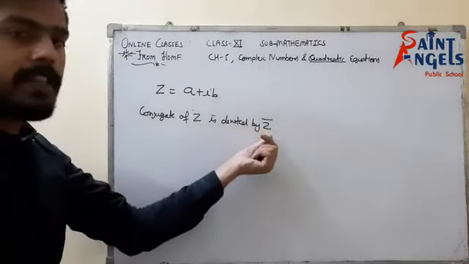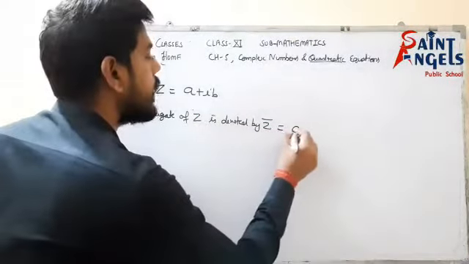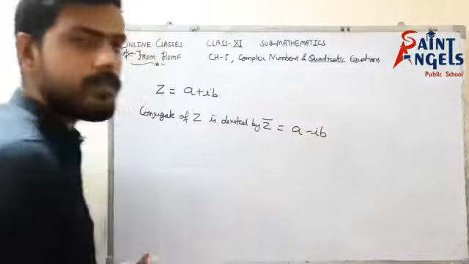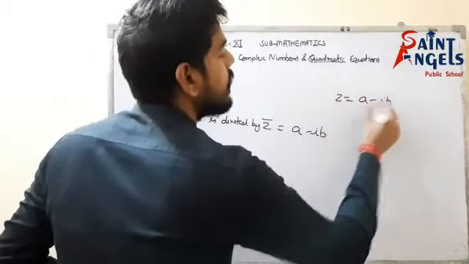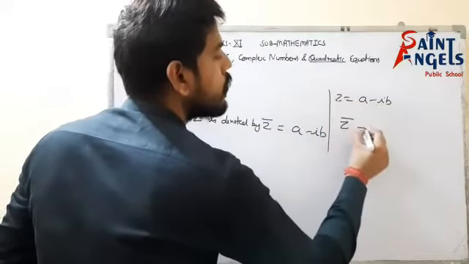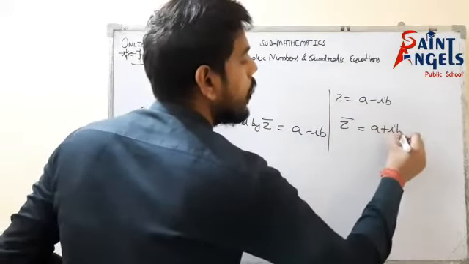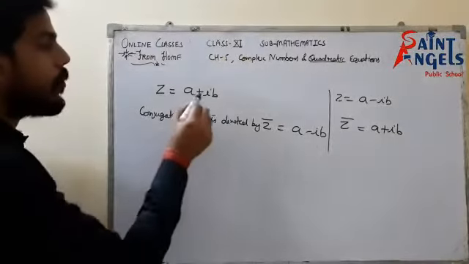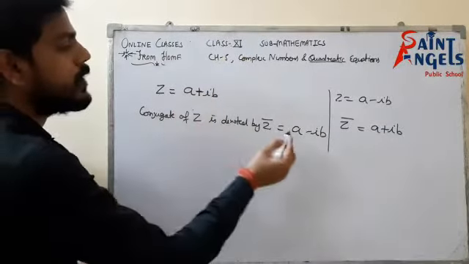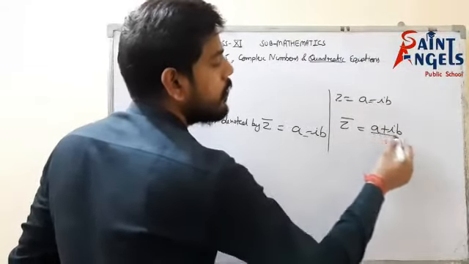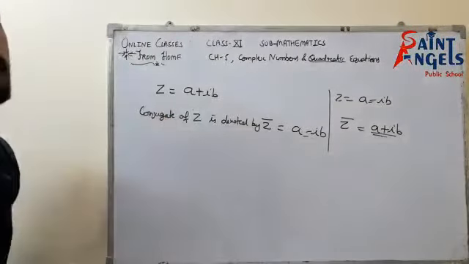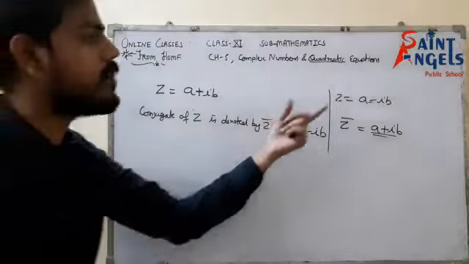We will represent it by z bar, and that would be equal to a minus iota b. If you have z equals a minus iota b, then its conjugate would be a plus iota b. So whatever the sign in the complex number, if it is plus, then in the conjugate it would be minus, and if it is minus in the complex number, in the conjugate it would be plus. So it's just the opposite. This is known as the conjugate of z.